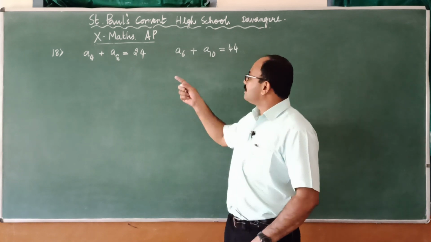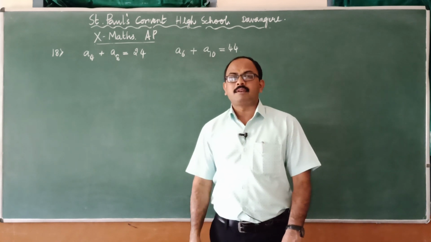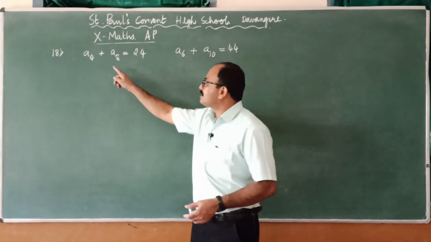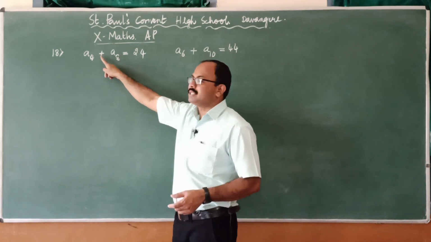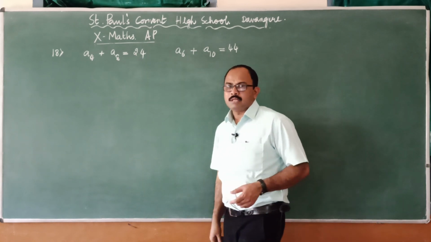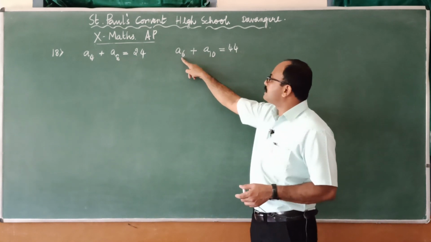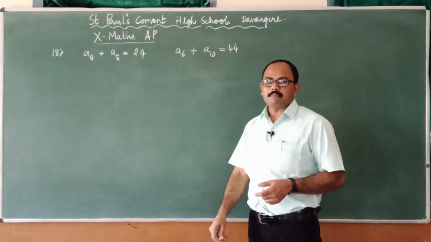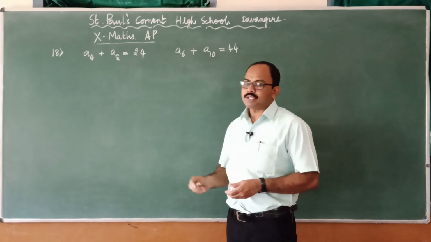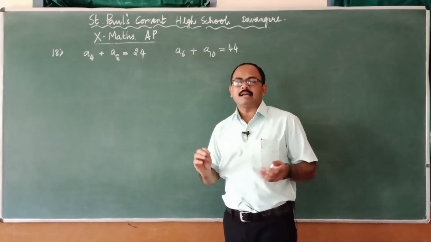Please learn to write the equations for the given statements, children. Very easy. The sum of 4th term and 8th term is 24, and the sum of 6th and 10th term of an AP is 44. After writing the equations, just expand and simplify.